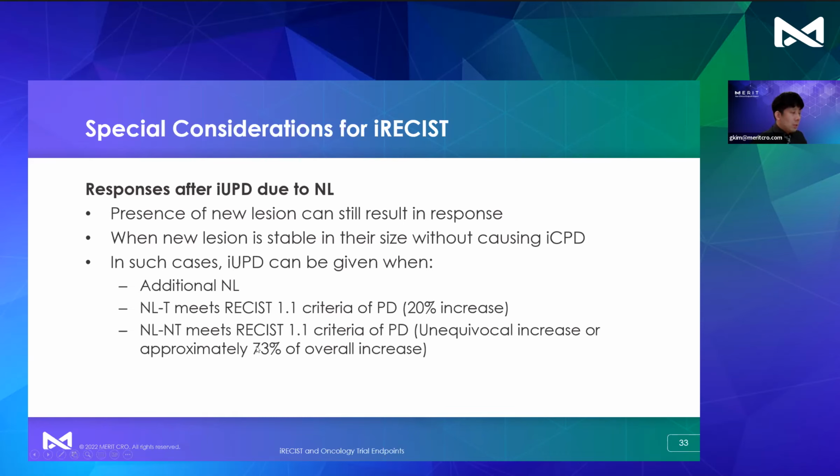In such cases, these are the conditions where the patient may go back to IUPD due to the new lesions: cases where the patient has a time point response of iPR or iSD with the stable new lesions, and at a subsequent time point there are additional new lesions found, or the new lesion target following RECIST 1.1 criteria in their sum of diameters, which is a 20% increase, or the new lesion non-target meeting the RECIST 1.1 criteria of PD, which should be an unequivocal increase, or overall 73% of the increase denoted by RECIST 1.1.